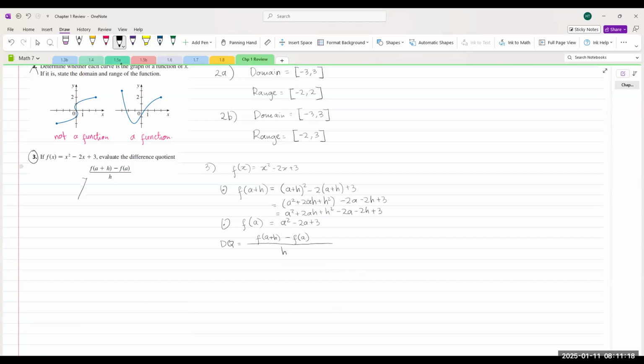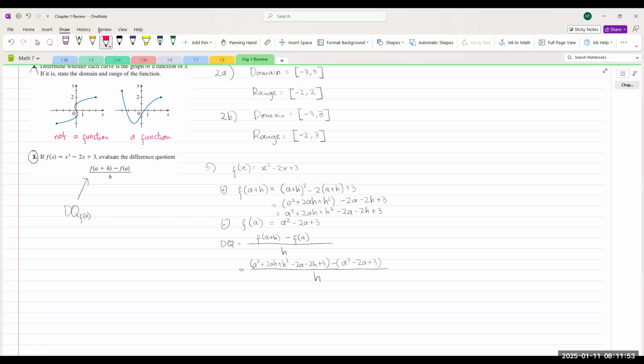This is equal to the top left, a squared plus 2ah plus h squared minus 2a minus 2h plus 3, minus the top right, a squared minus 2a plus 3, over h.